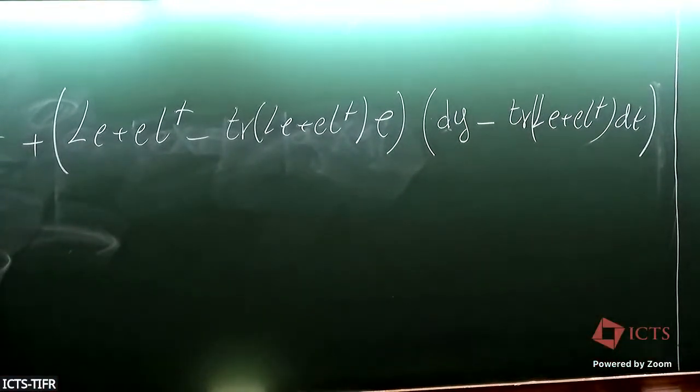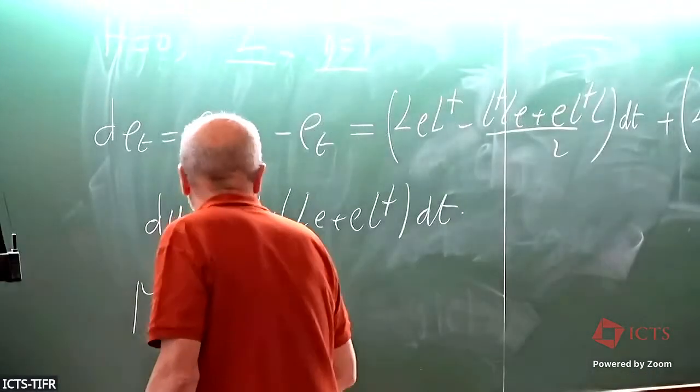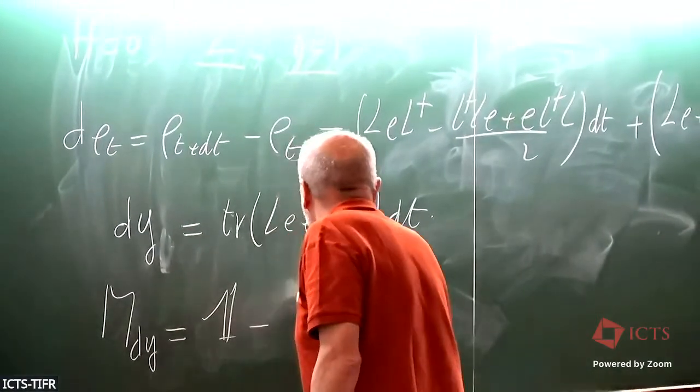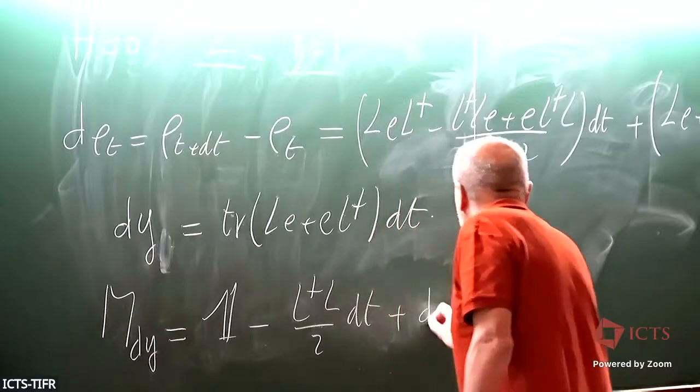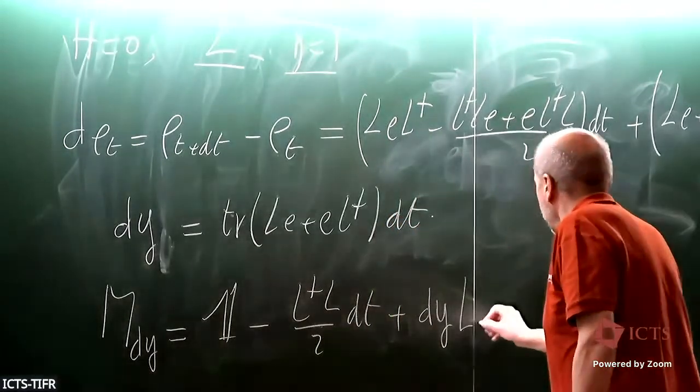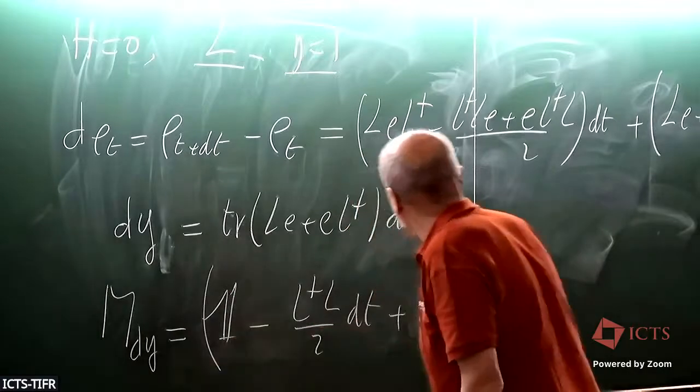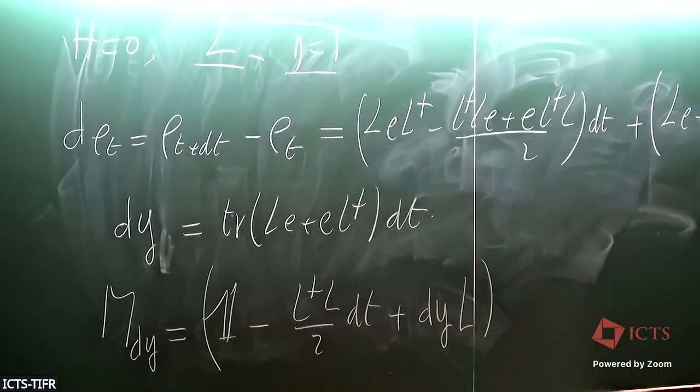And dy of t is equal to the trace of L rho plus rho L dag dt. And in this case, what is M? M of dy is 1 minus L dag L over 2 dt plus dy L. Okay? And my update, in this case, eta is equal to 1.